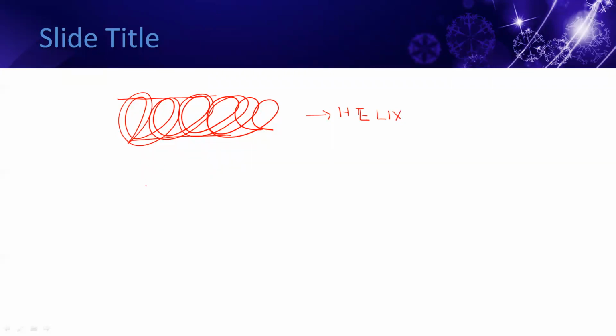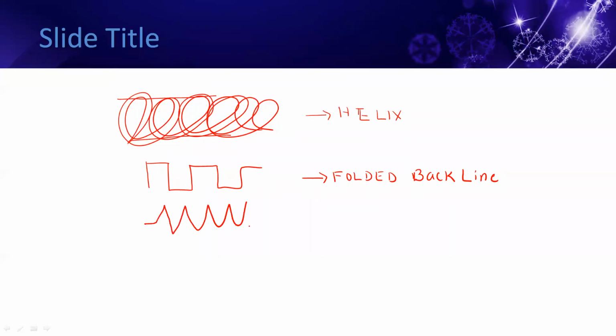Another example is the folded back line. Another type is the zigzag line model, which is another slow wave structure.